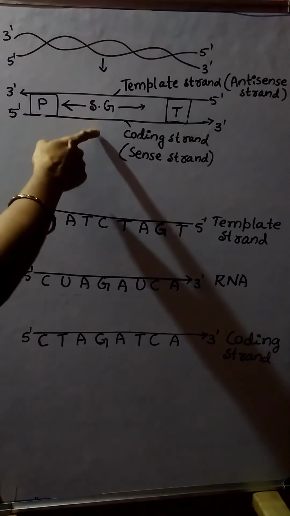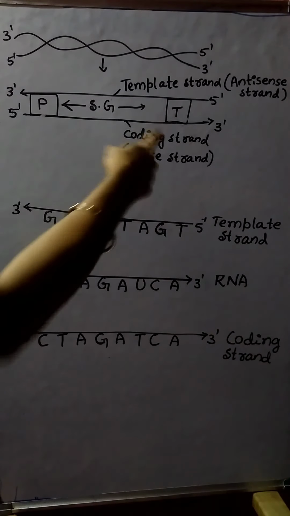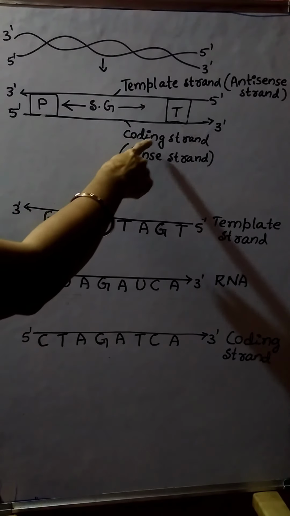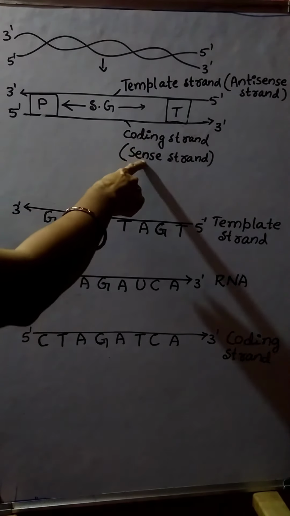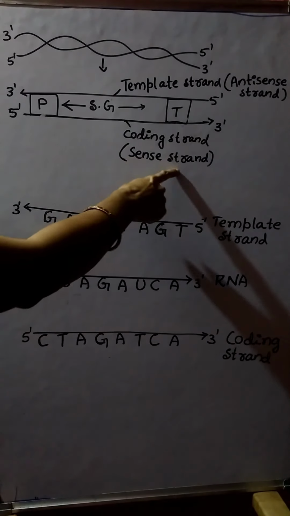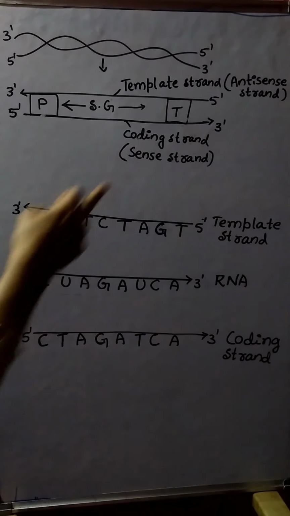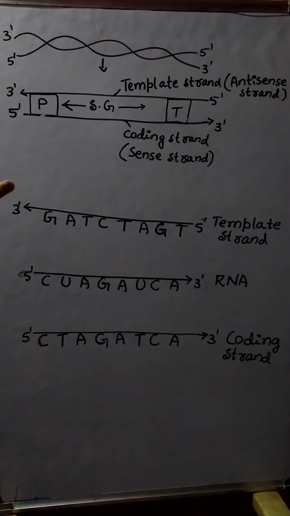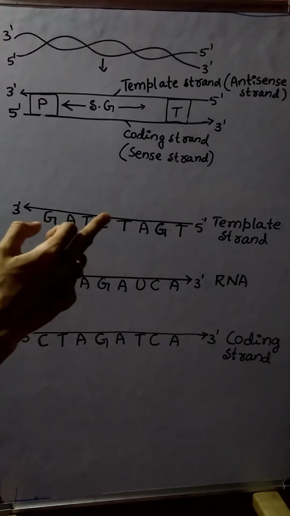Then the other polynucleotide strand of the DNA, other than the template strand, is called the coding strand, also called the sense strand. The polarity of the coding strand is 5' to 3'.